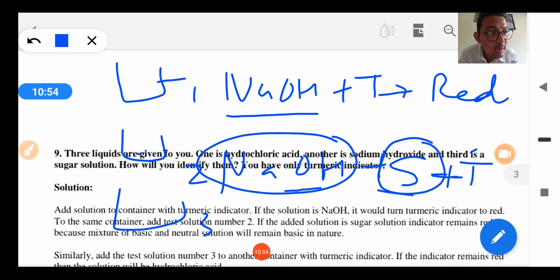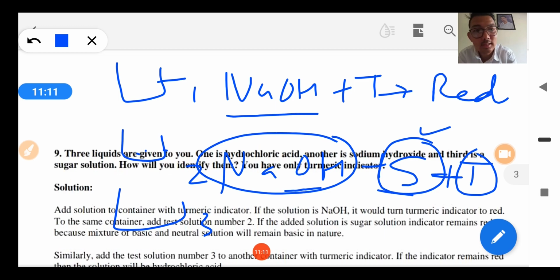So when you add turmeric in it, there will be red color. So it indicates that the sugar solution is neutral in nature.